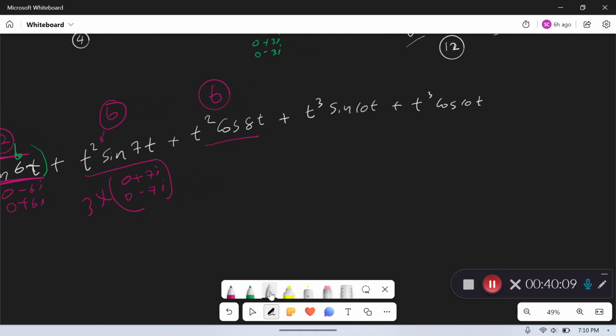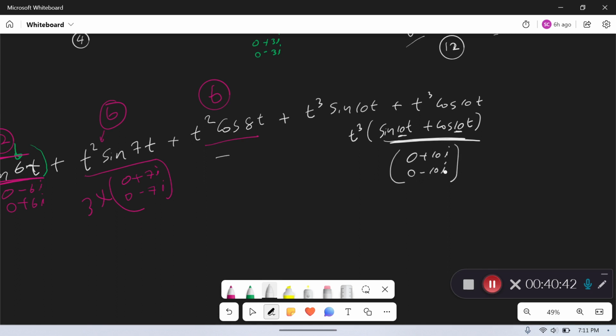And finally, how about this one? Here also you have to be careful because what you have is t^3 times sine 10t plus cos 10t. So here this is the same thing. What we can expect is the complex number 0 plus 10i and 0 minus 10i, because these two terms are the same. If they were different, you would have to handle them as two different roots.